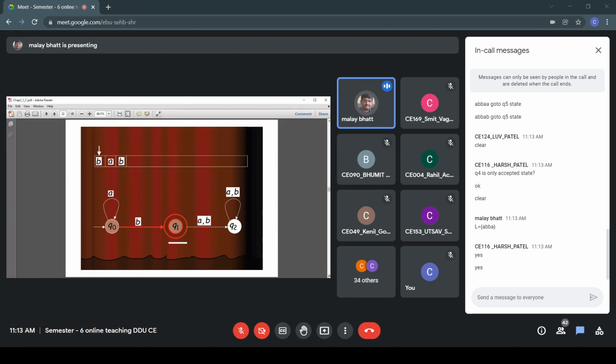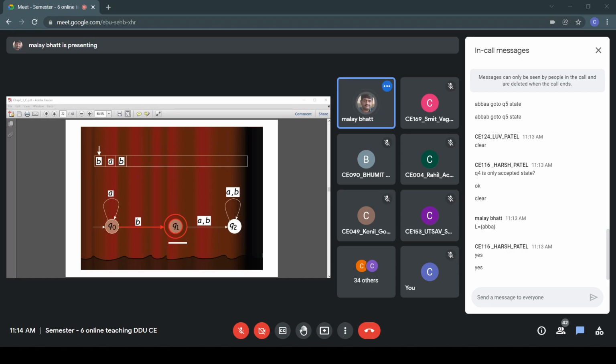So that's why this example is very important. From Q0 on input B we are going to the Q1 state, but we have not completed reading our input string. It is not the end of the input, so we have to read further and proceed in the diagram.